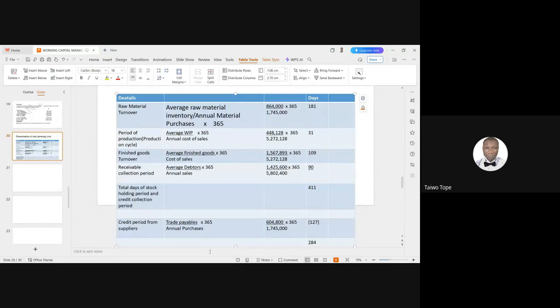So your cash operating cycle is what? 284 days. The cash operating cycle is 284 days.